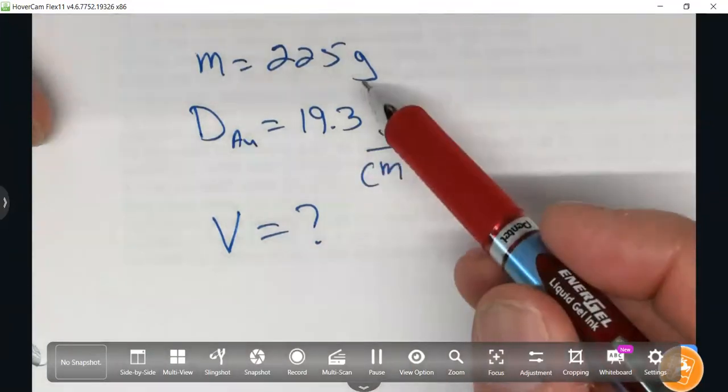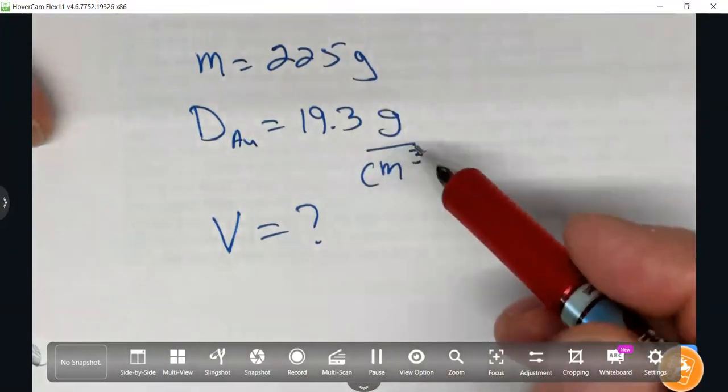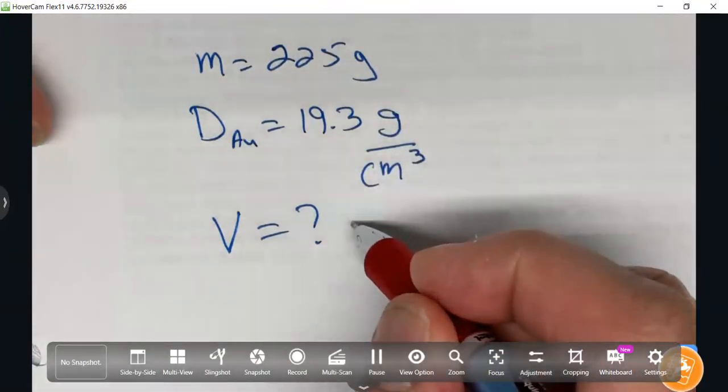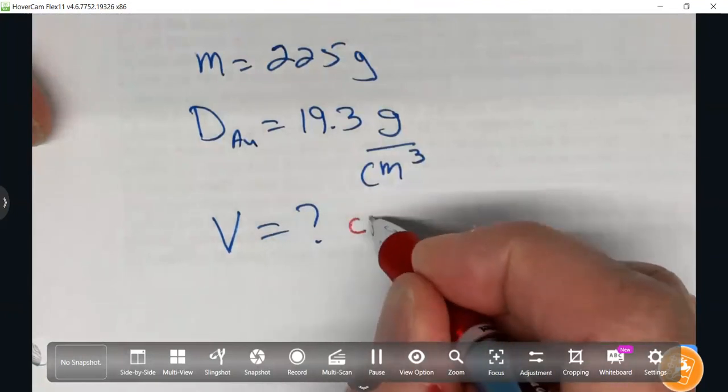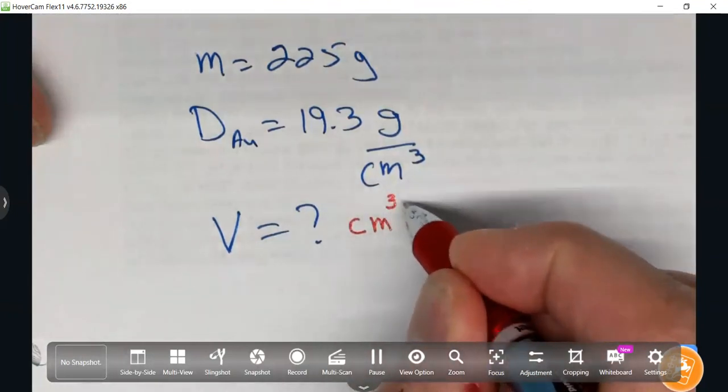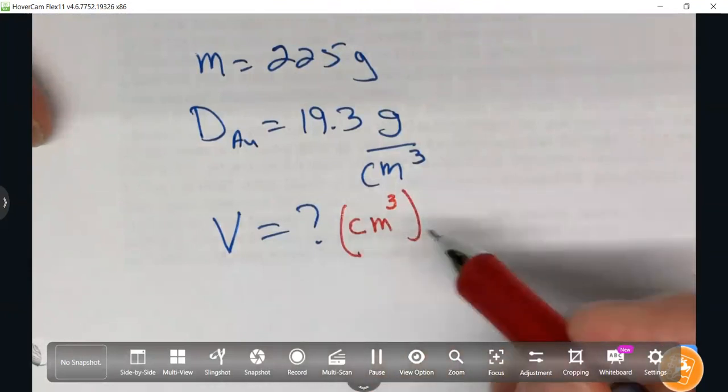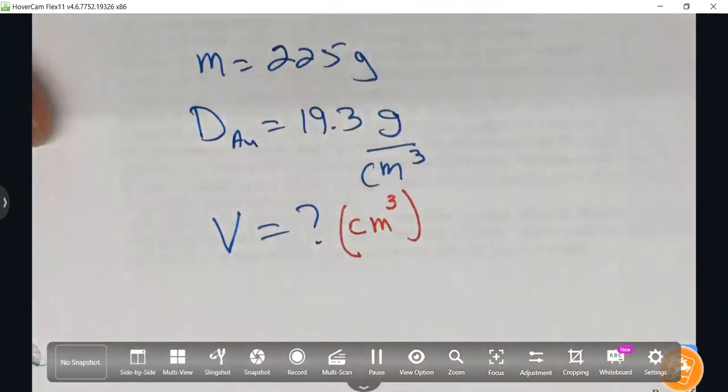Again, memorize units, not formulas or equations. We know we have to get cubic centimeters. And you know we're not going to add or subtract to solve this. Start with a single unit number.